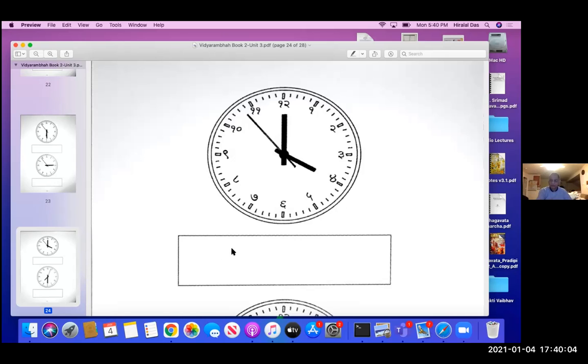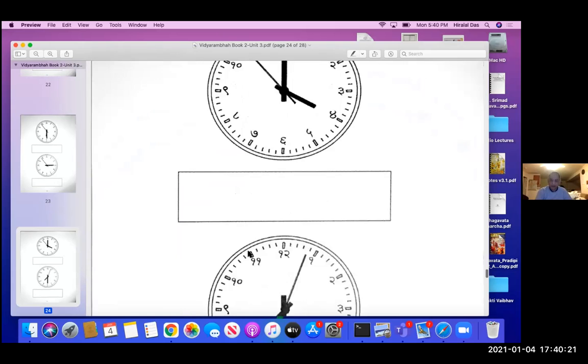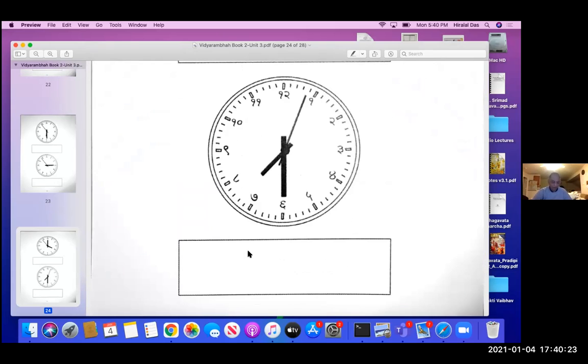What do you call four in Sanskrit? I can't remember if it's pronounced chatur. Chaturvadanam. Yes, Chaturvadanam is 4 o'clock. Okay, very good.